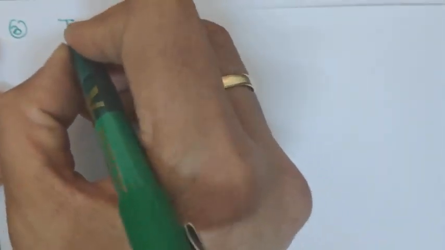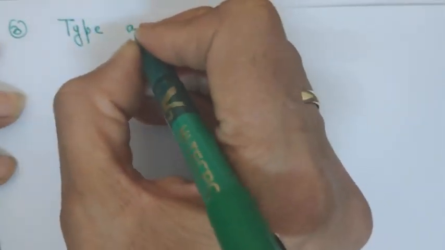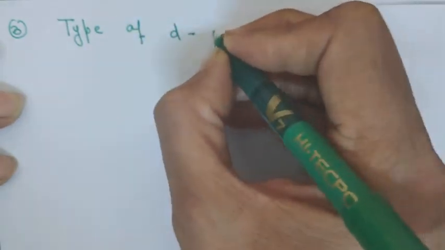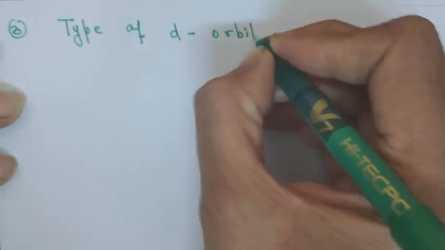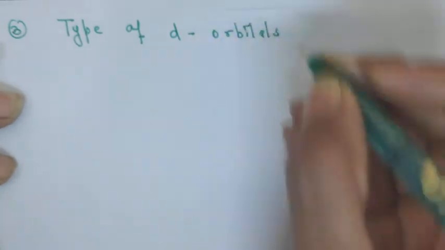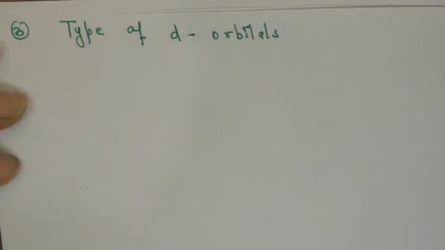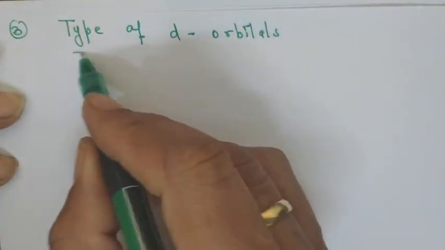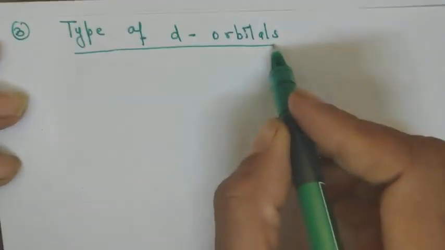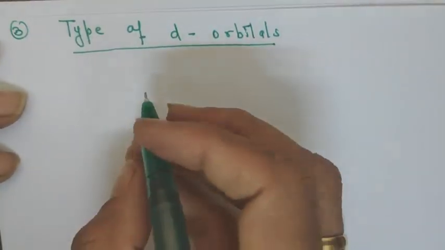Now we will discuss the third factor. Third factor is the type of d orbitals. Now what is it? Let us suppose you have these metals.